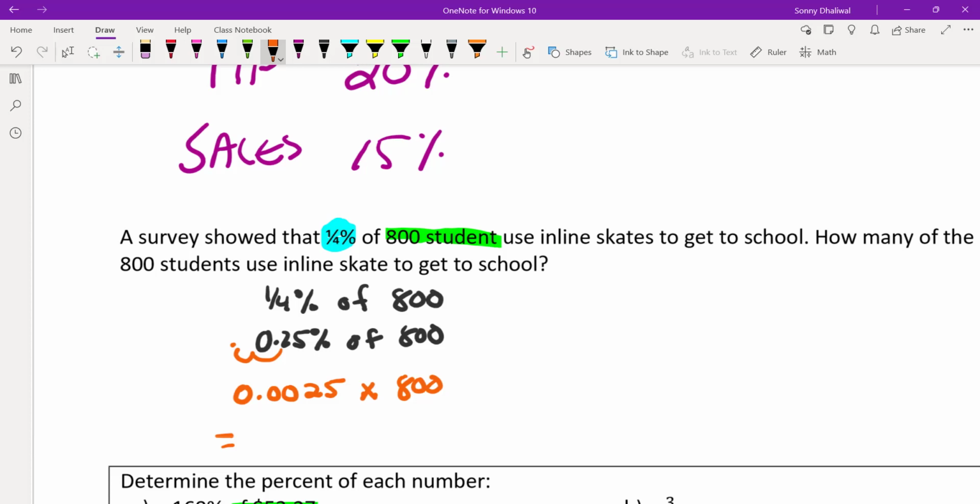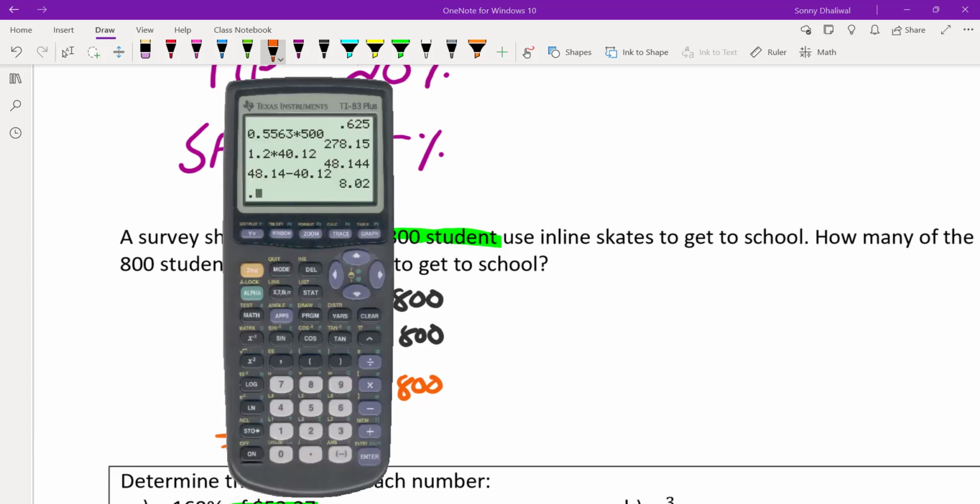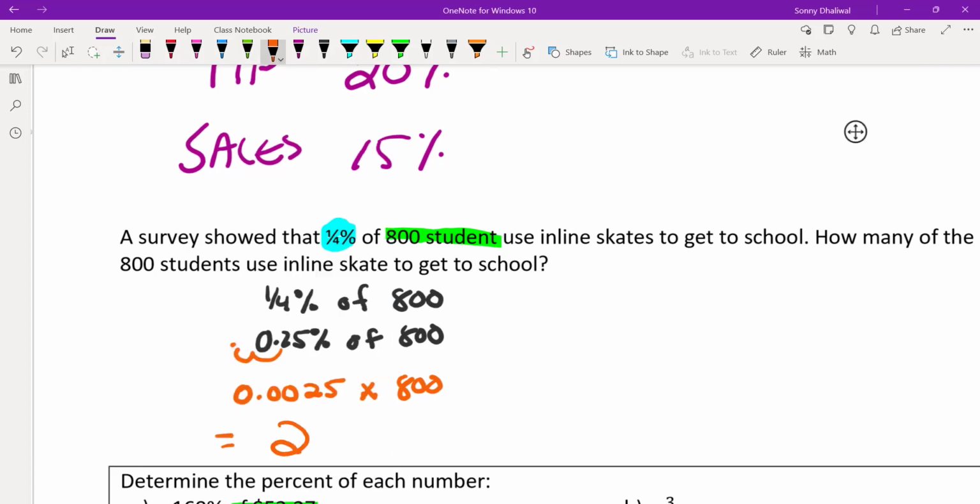Now we calculate, right? What does it equal? 200. That doesn't look right. 200 would be a quarter. So you want 0.0025 times 800. 2. Two kids. So, right?